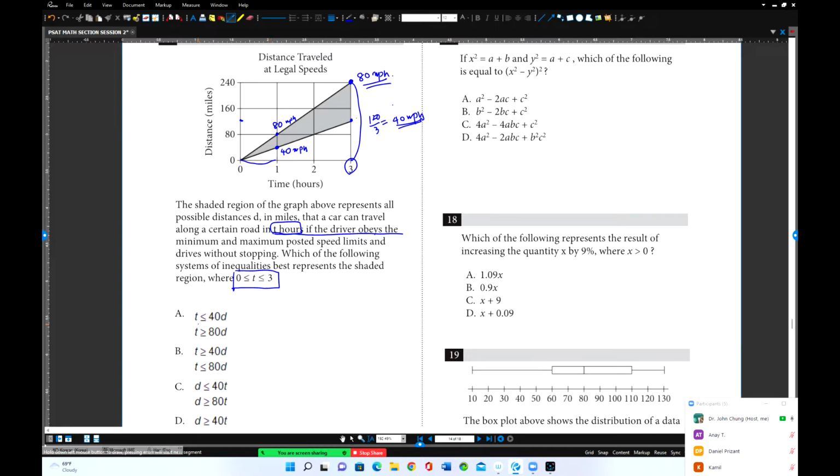This is wrong, right? What? Oh, okay. We got this is wrong. That's right. Okay. Yeah. Speed, distance. Okay. All right.